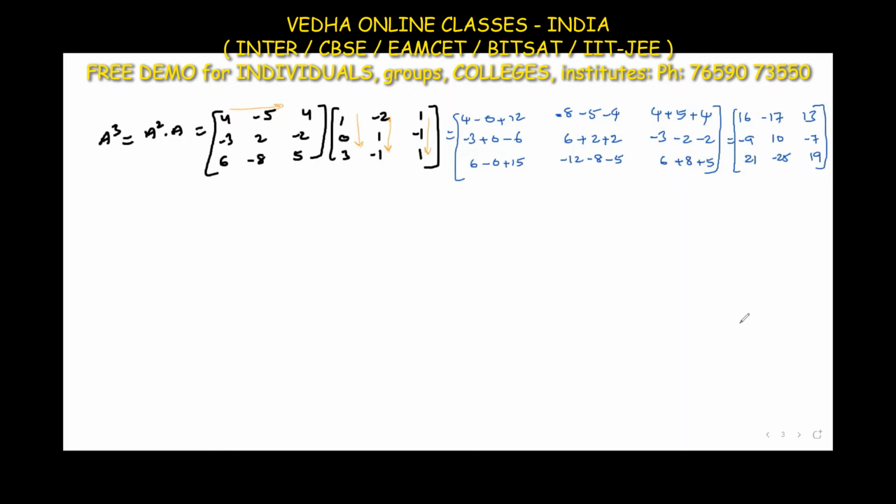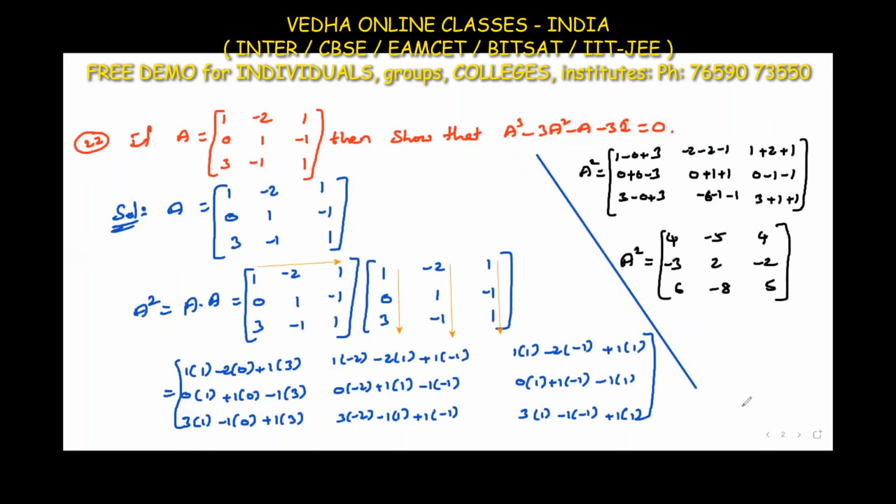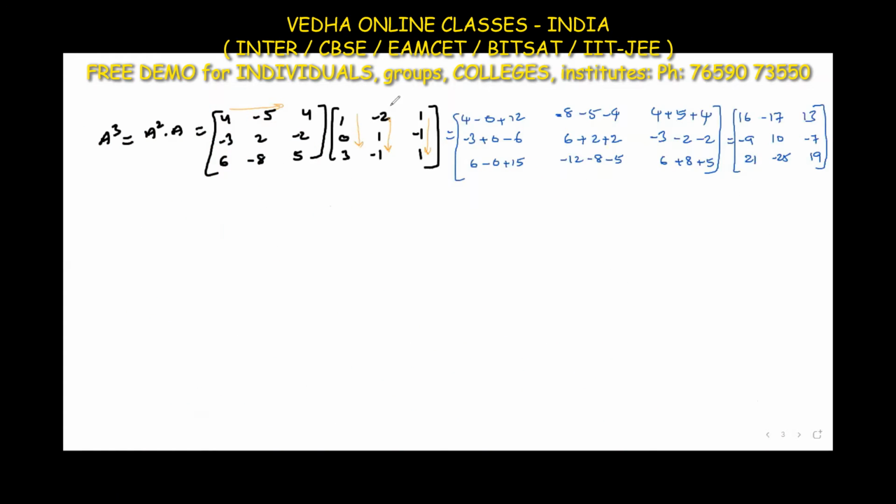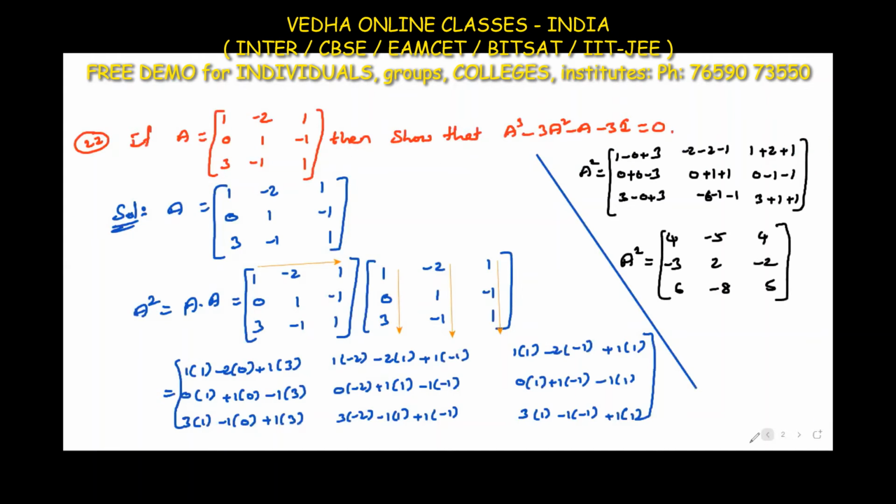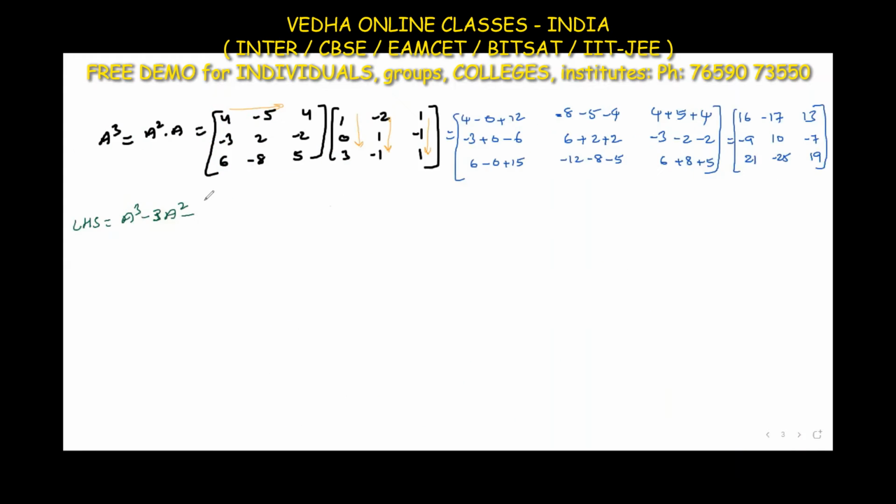This is A cube. So what he is asking now: A cube minus 3A square minus A minus 3I. So I am taking the LHS. LHS is equal to A cube minus 3A square minus A minus 3I.